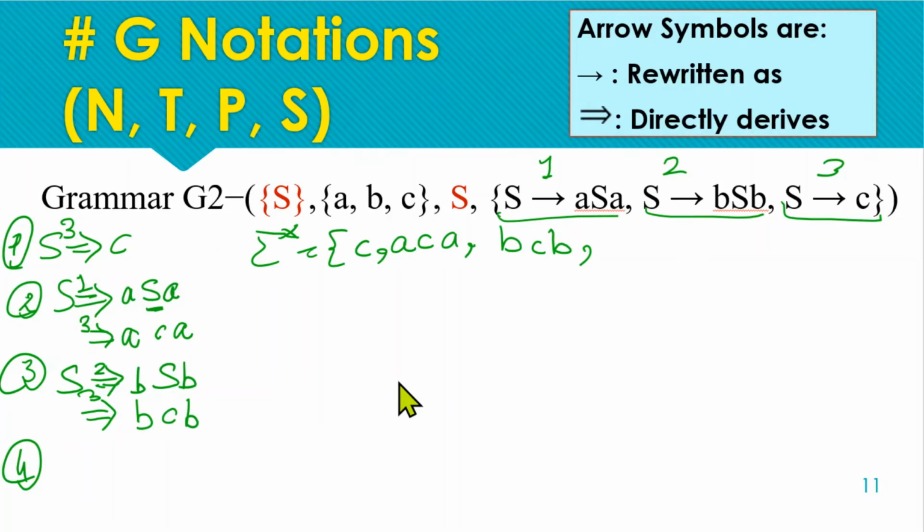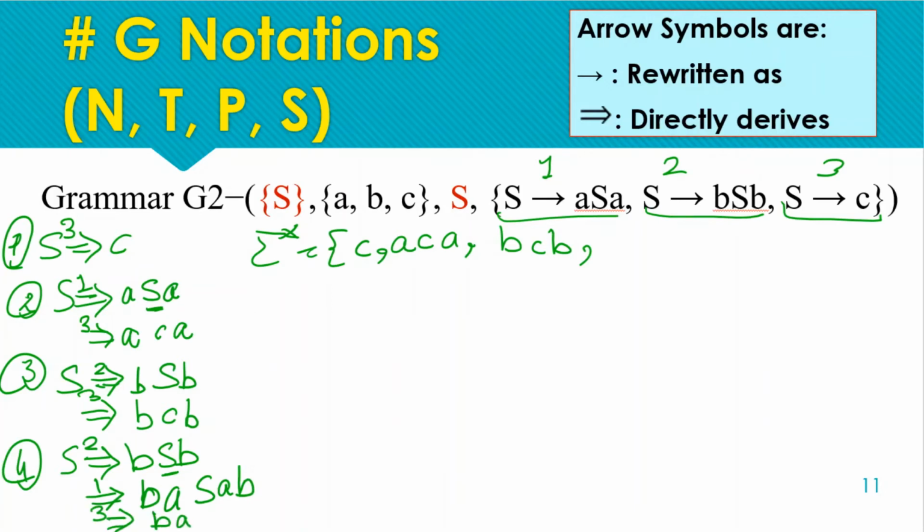By the application of rule number 2 we get S to B S B. Again we apply rule number 1, and by the application of rule number 1 we get B A S A B. Ultimately we have to terminate with rule number 3 as B A C A B, right?